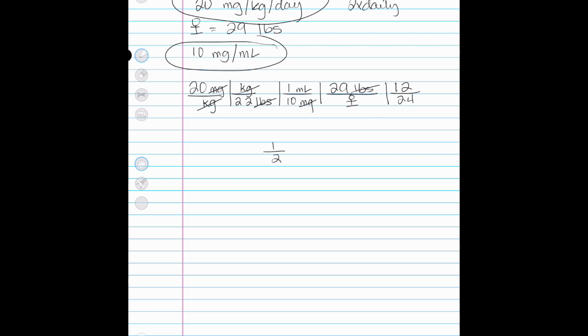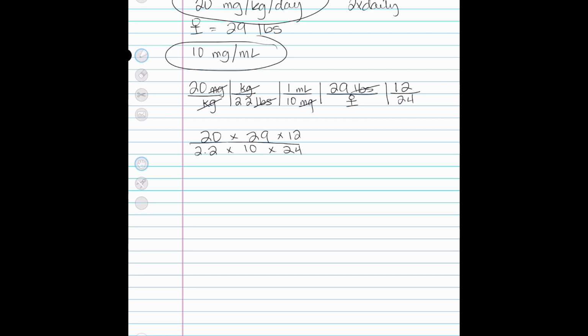So let's take a look at it, and we'll say 20 times 29 over 2.2 times 10 times 2. Or you can also say times 12 and times 24.